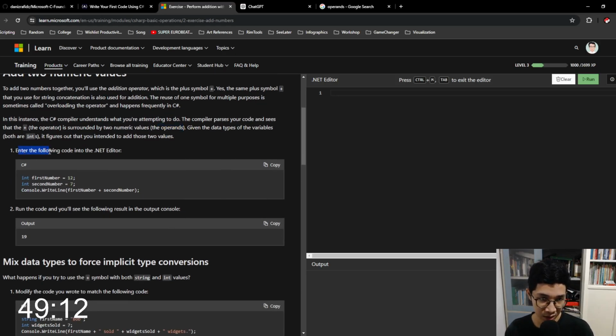Okay, let's check this out. Enter the following code into the .NET editor. So this is the example. Let's just type it. First number is 12, and then the second number is 7. Don't forget the semicolon, as always.